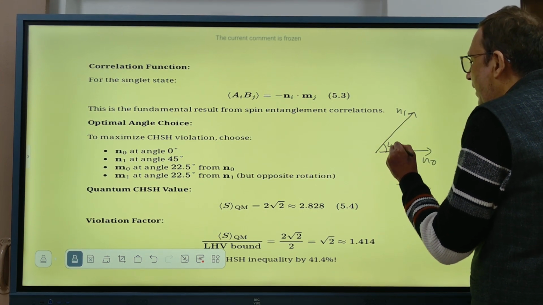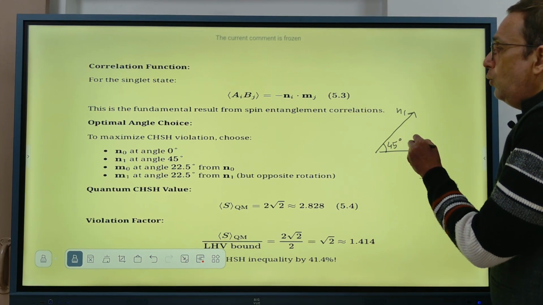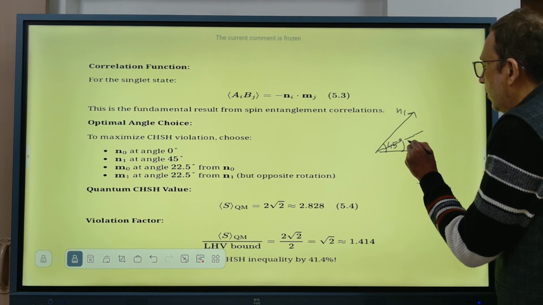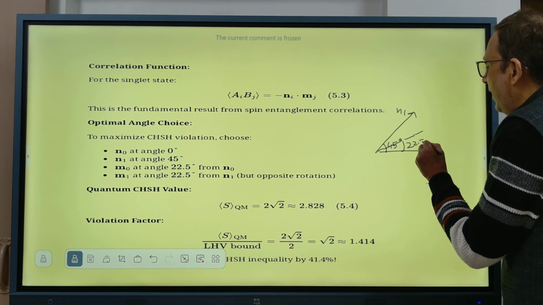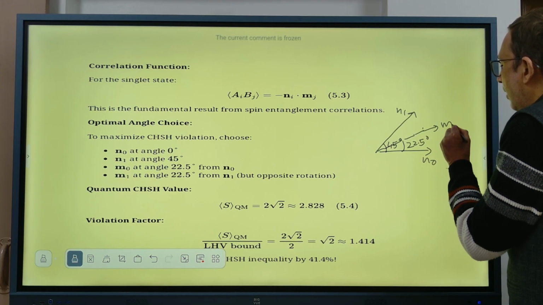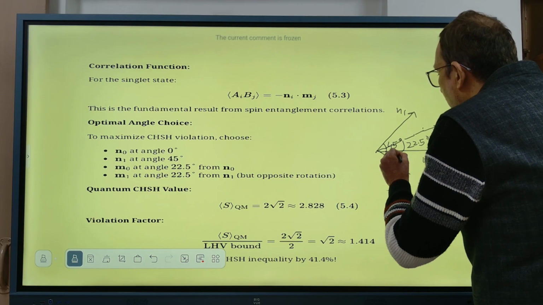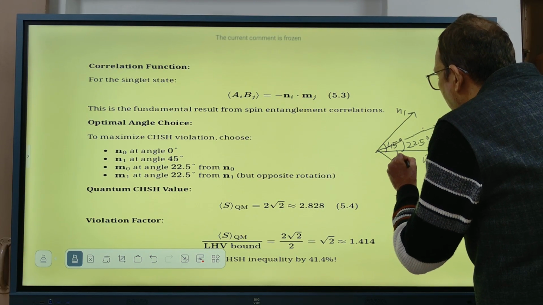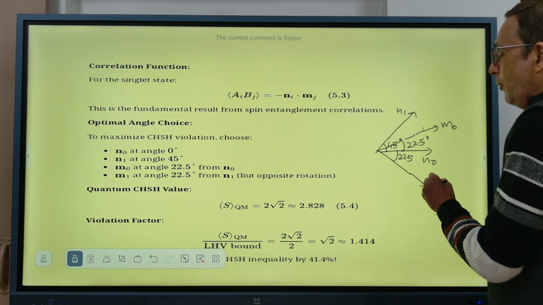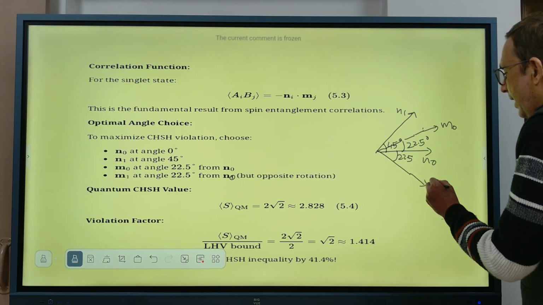Then m0 is at angle 22.5 degrees. This is m0. And then m1 is at angle 22.5 degrees, and that is in the opposite direction from n0 here, and so this is m1.